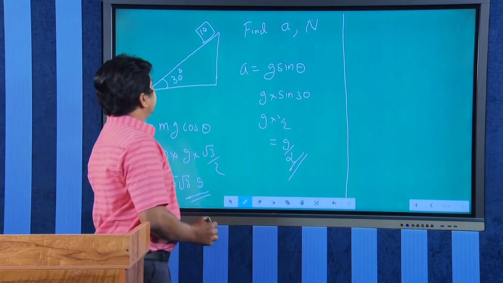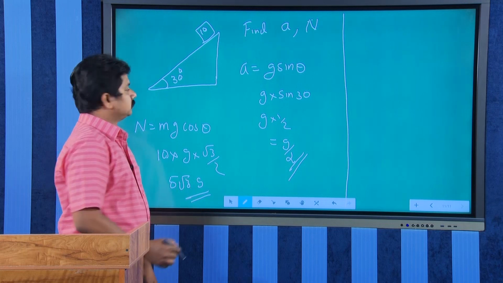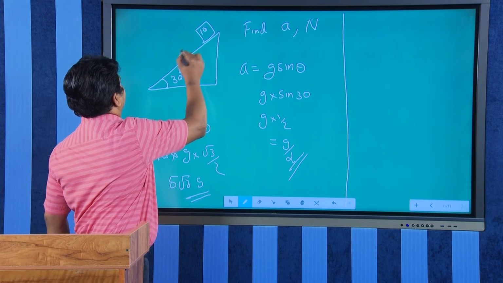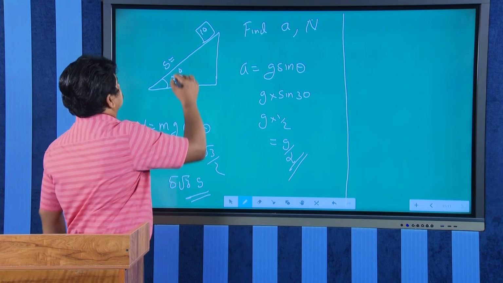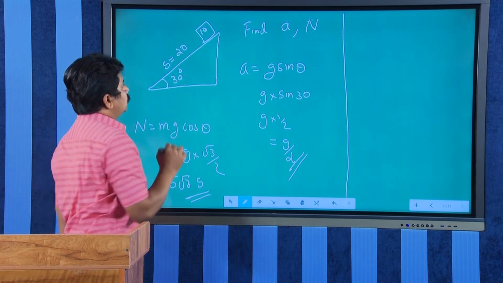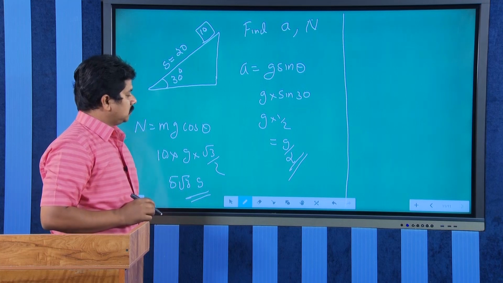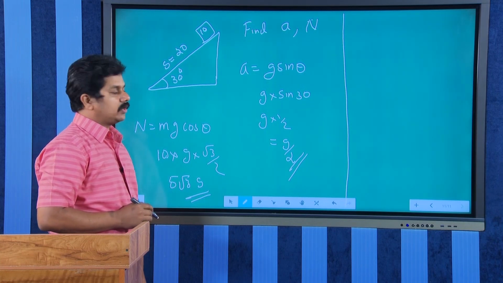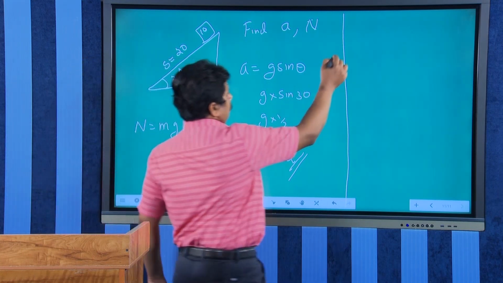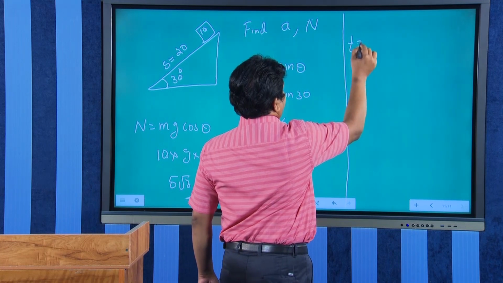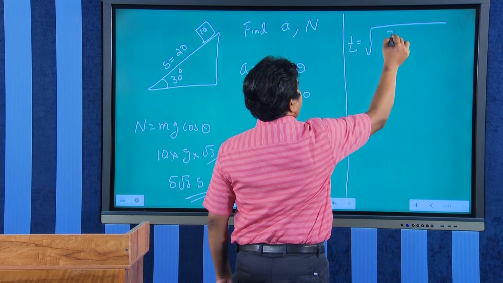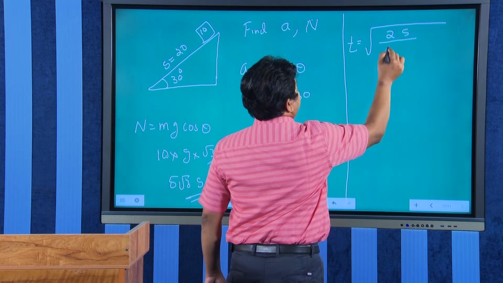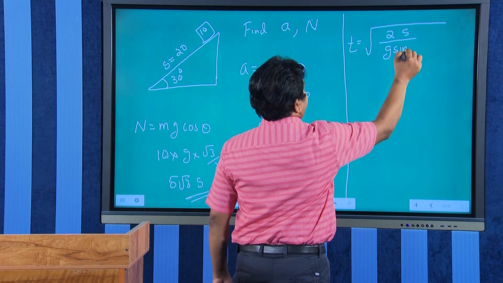Let us find the time taken to reach the bottom. Assume that the length of the plane is s equal to 20 meter. Now, what will be the time taken to reach the bottom? T equal to root of 2 s by g sin theta, right.